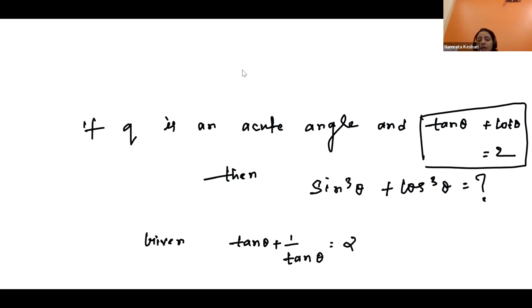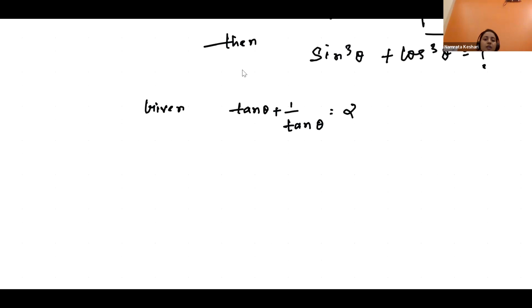We are trying to simplify the given part. If you take the LCM, here the denominator is 1, here the denominator is tan, so the LCM will be tan, right? And in the numerator, what will we have, can anyone tell me quickly? Tan square theta plus 1. That means we have tan square theta plus 1 is equal to 2 tan theta.